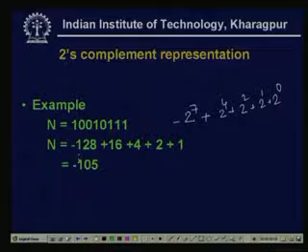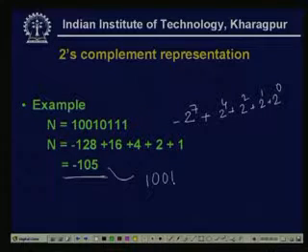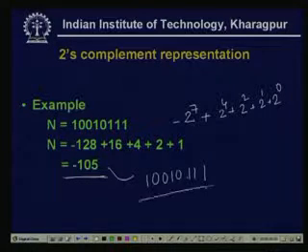So this becomes minus 128 plus 16 plus 4 plus 2 plus 1, and that is minus 105. That means the negative number minus 105 can be represented as 10010111. So this is the 2's complement representation of negative numbers.